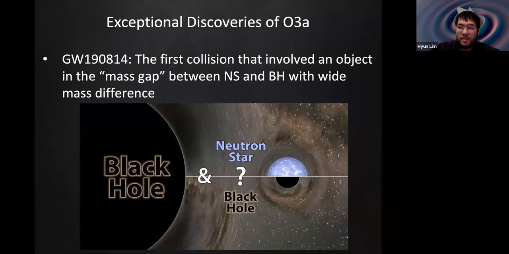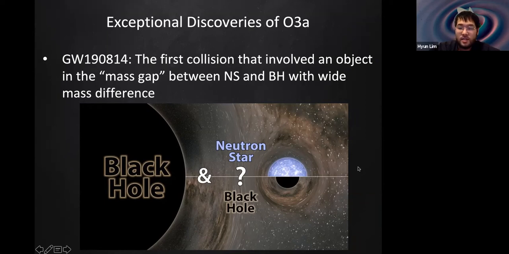And also, the mass difference between this black hole and this mass gap object is really large. The black hole is around 23 times the mass of the sun, and the question mark, or mass gap object, is around 2.5 times the mass of the sun.